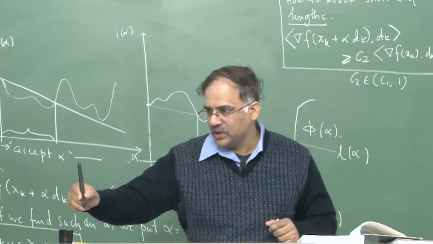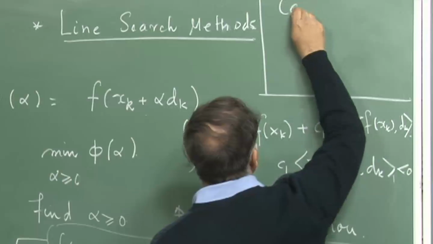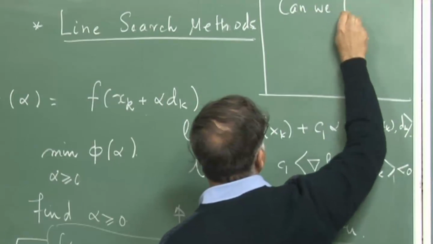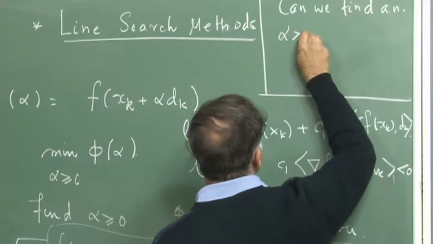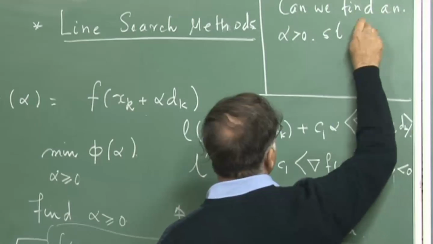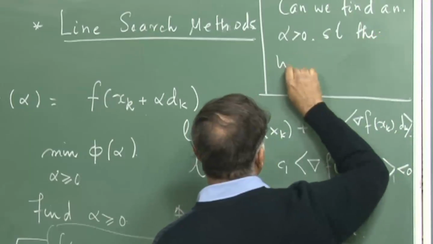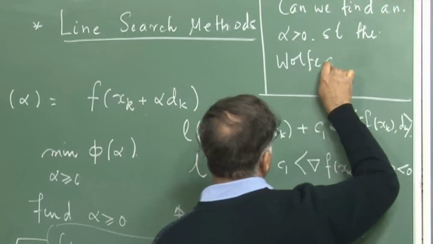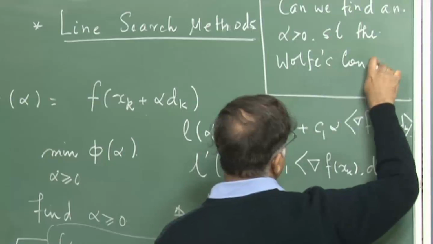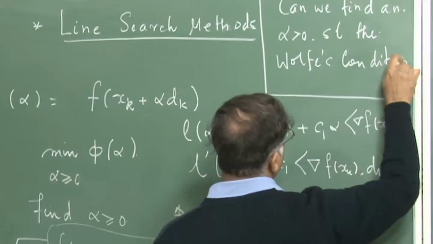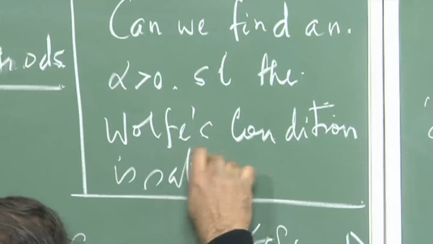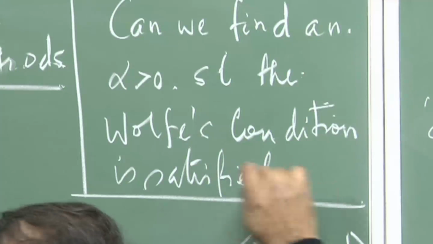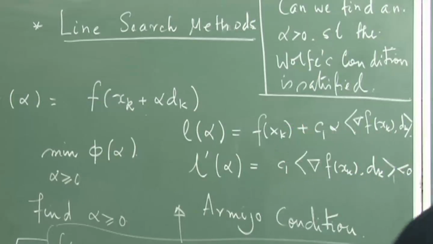So my next question would be the following: can we find an alpha greater than 0 such that the Wolfe condition is satisfied? Tomorrow's lecture would begin with the study of this fact.